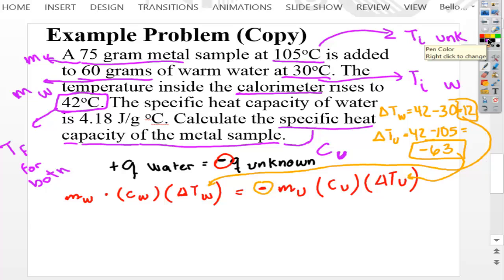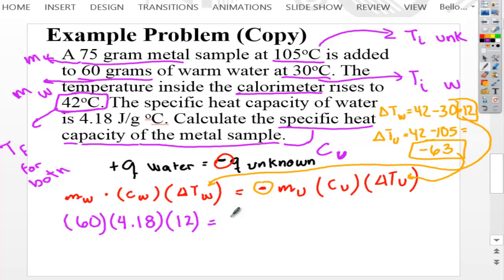What is my mass for the water? Mass for water is 60. 60 times specific heat capacity of water, times delta T of water, 12.